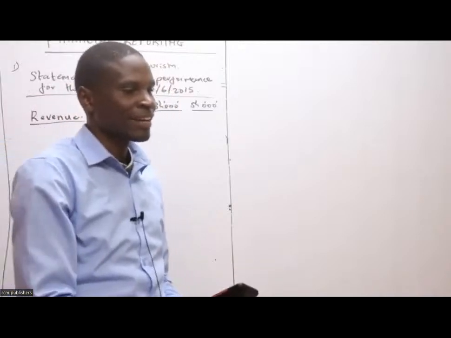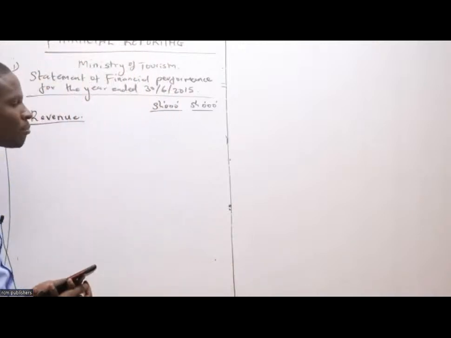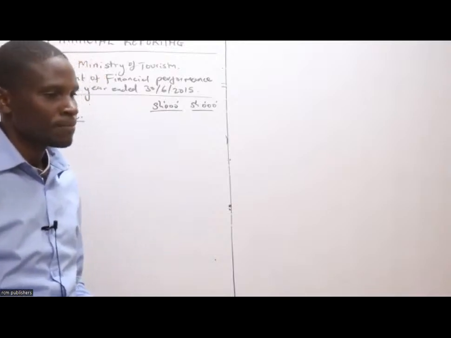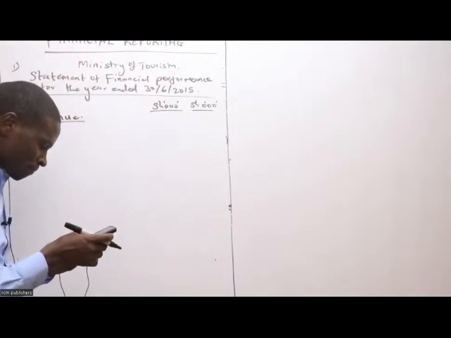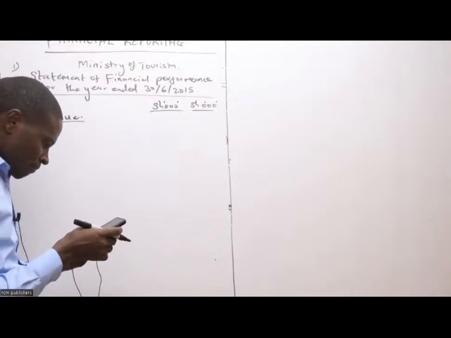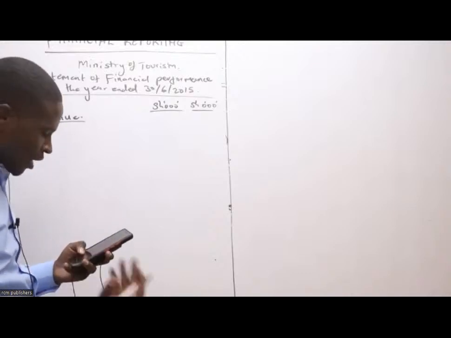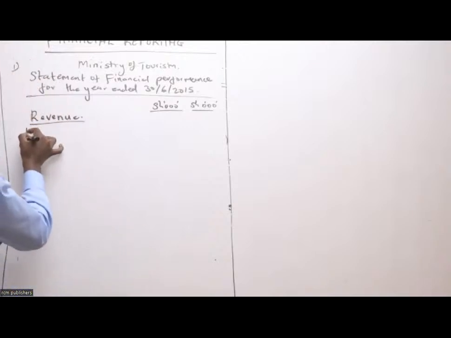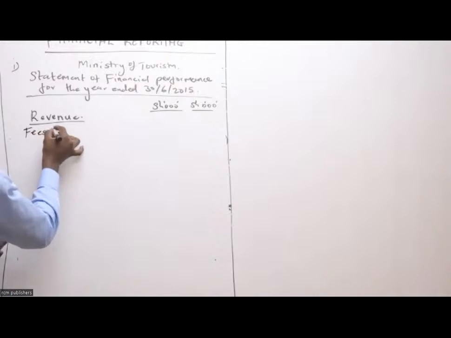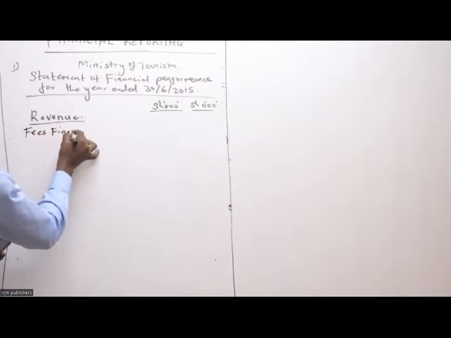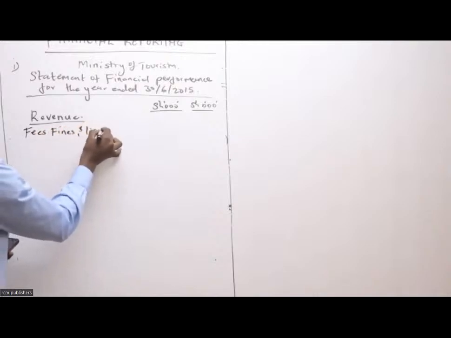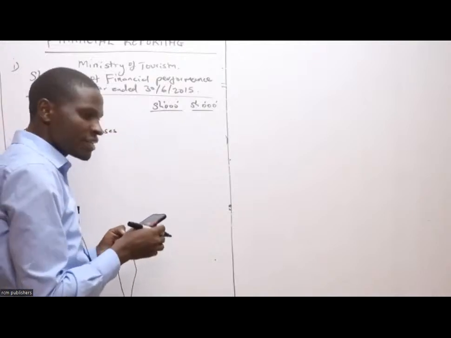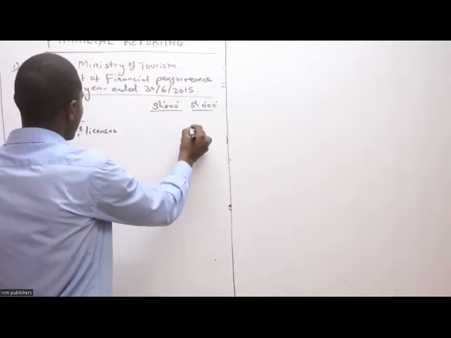It is very easy. Identify for me the revenue. You can indicate there under the chart. Revenues. I see fees, fines and licenses. I start with that. What is the amount? 375,000. Can you see that?